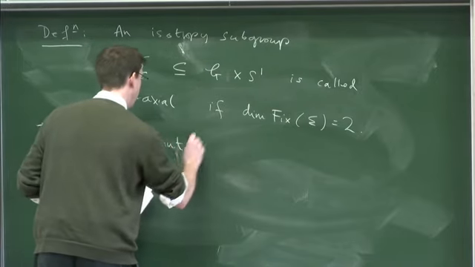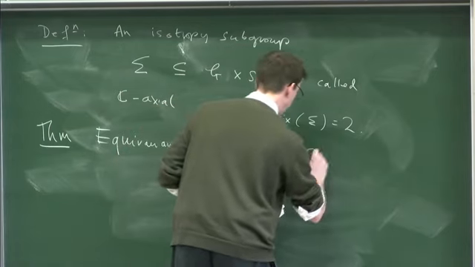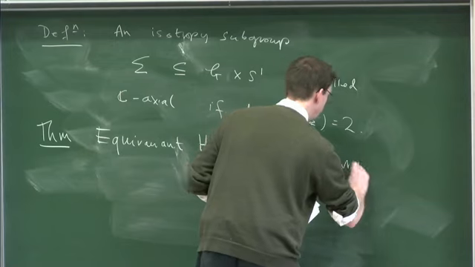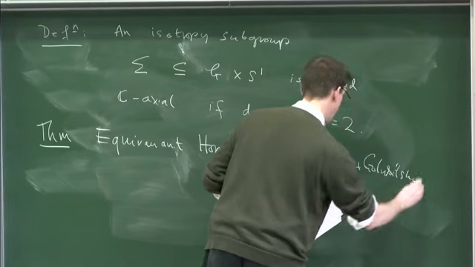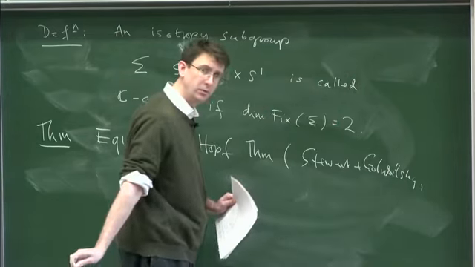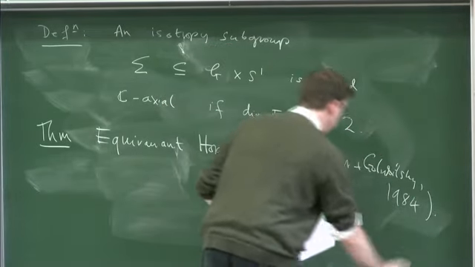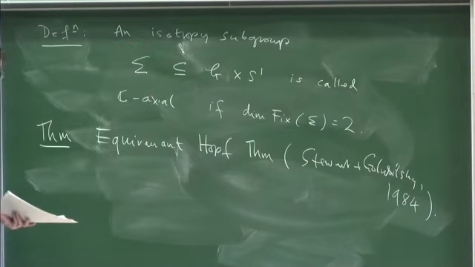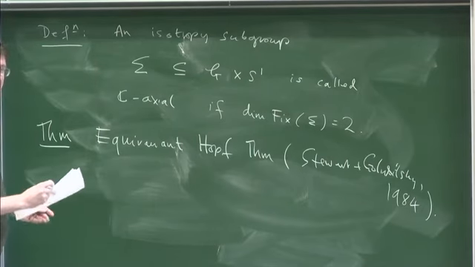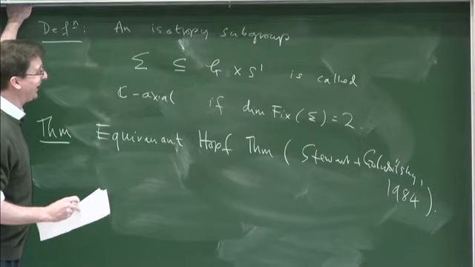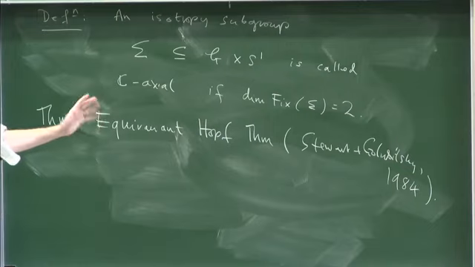So the equivariant Hopf theorem, which is Stewart and Golubitsky. It's around 1984, I think. Yeah, but okay, it's close enough. They wouldn't know it themselves. 84, 85, I think.